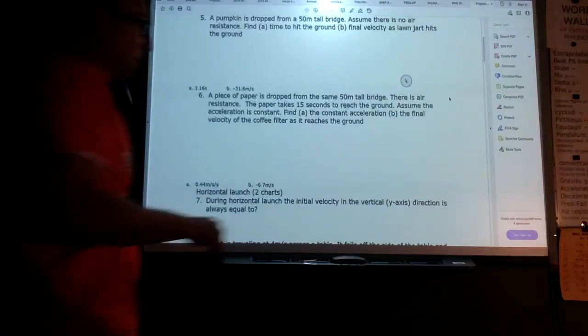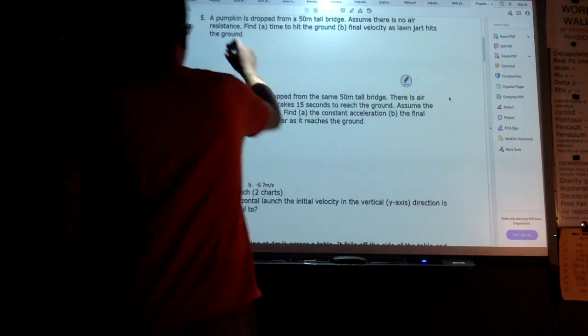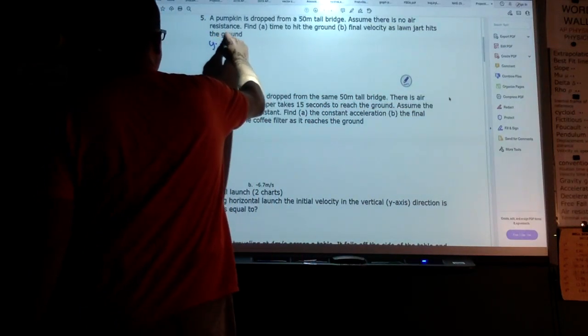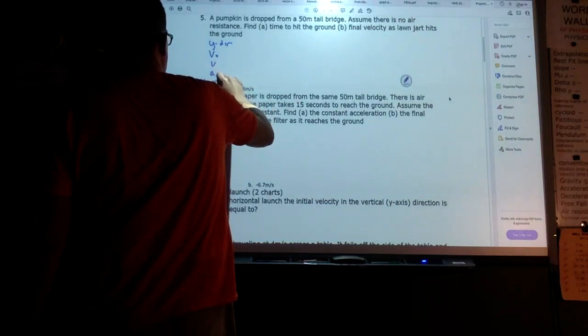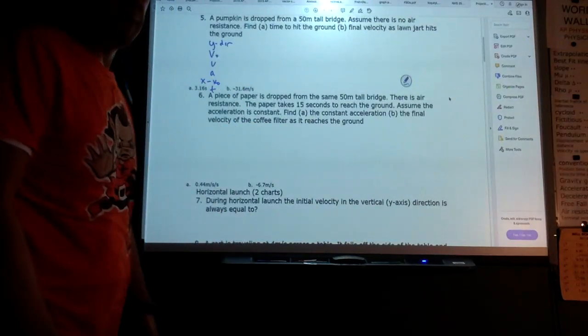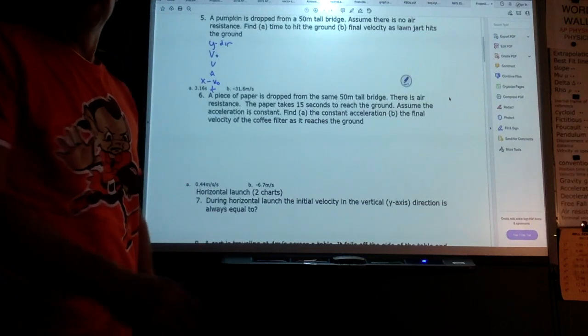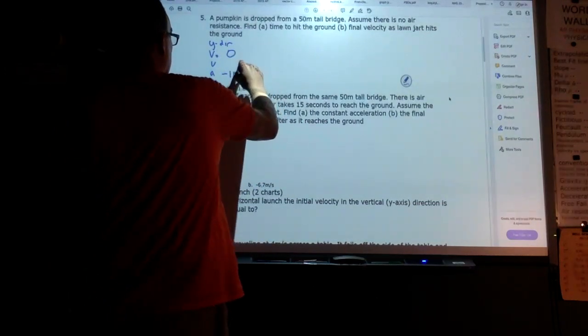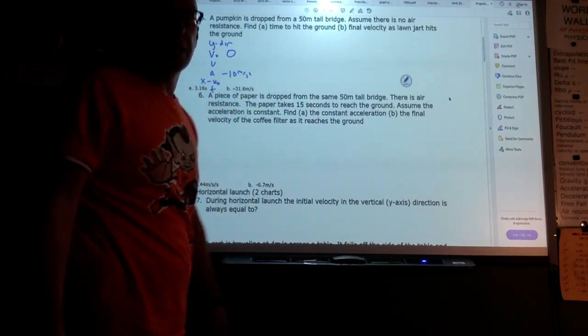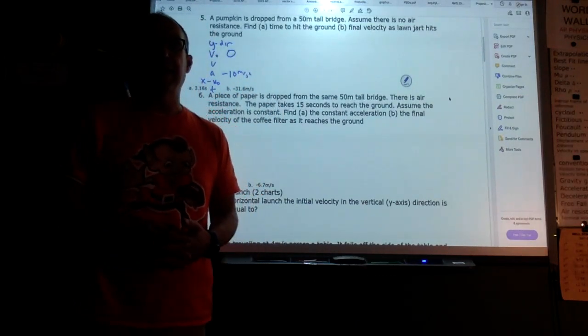All right, so this is a one-dimensional problem. We only need to worry about the y direction. So in the y direction, if it's dropped, its initial velocity is 0. Its acceleration will be negative 10. It's always going to be negative 10 unless they tell you that it's not.